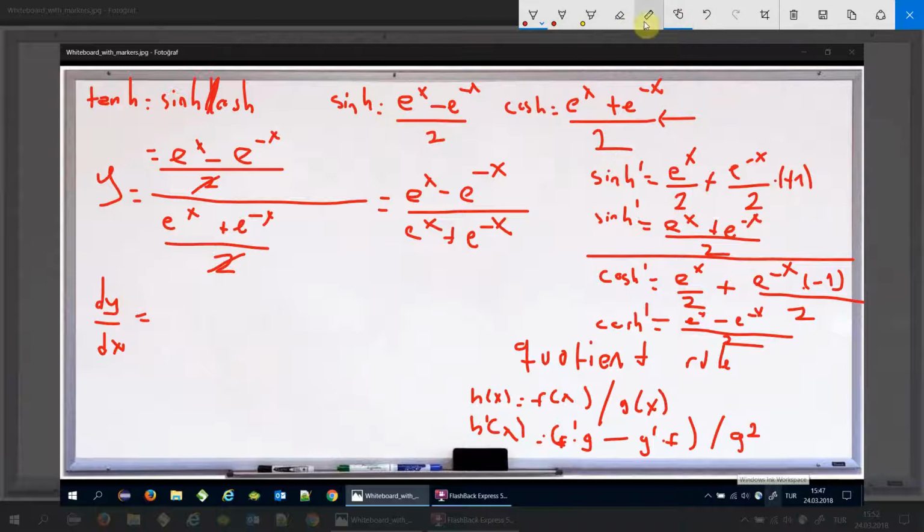Now we can apply the quotient rule to find the derivative of the tanh value.